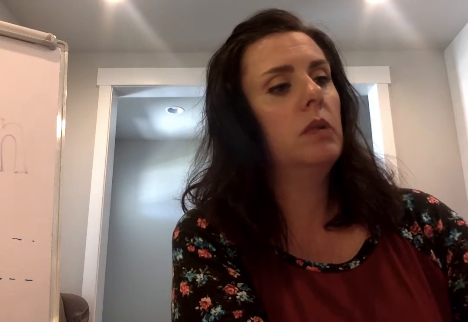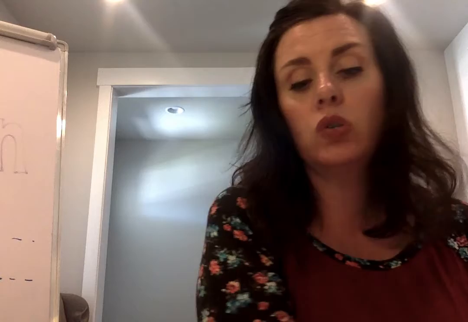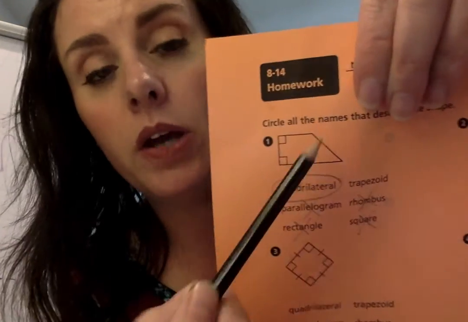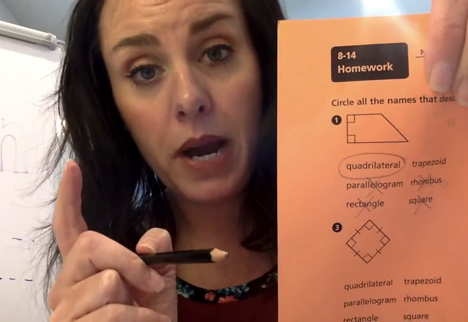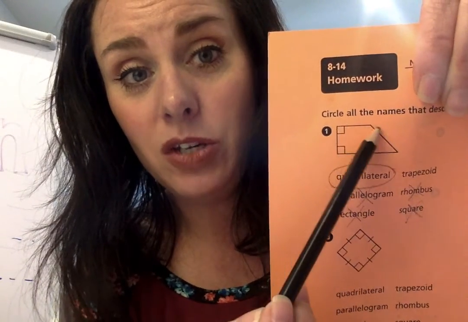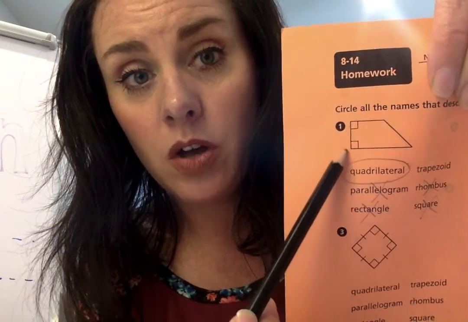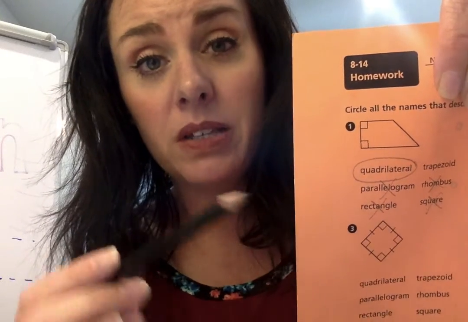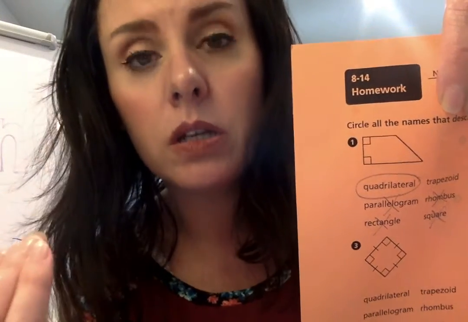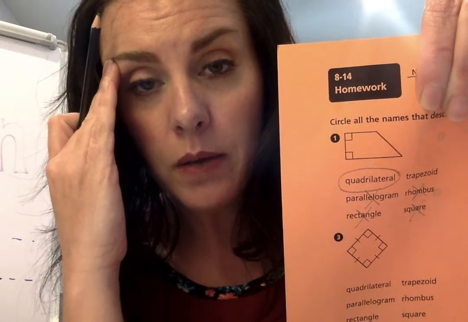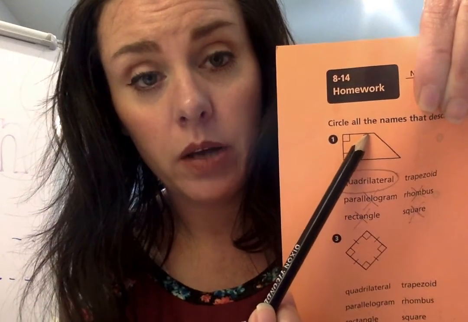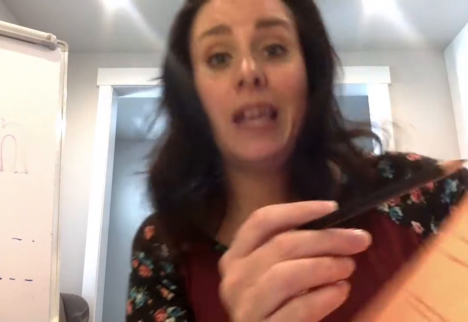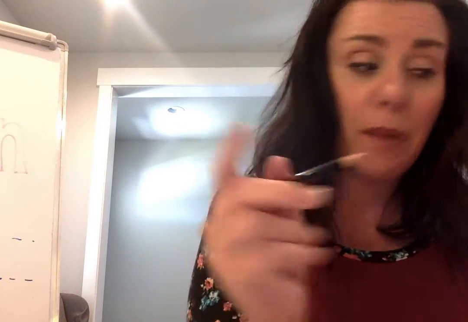So if we take a look, we already said that this top line and this bottom line, those two are parallel. These two are not, but that doesn't matter because a characteristic of a trapezoid says that only one pair is parallel. Well, this one and that one are parallel, so it can be considered a trapezoid.